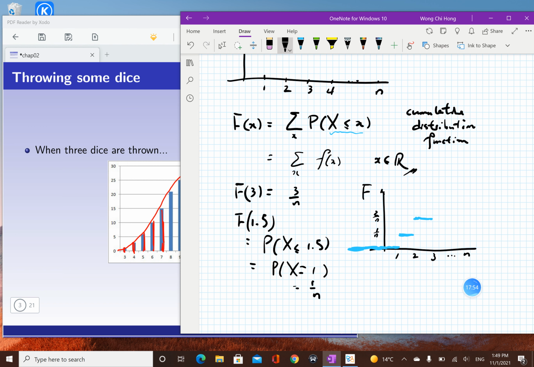So this function goes up in steps. It starts with 0 all the way, and as soon as x gets to 1, you get something like 1 over n. And it stays at 1 over n all the way to x equal to 2, where you go up to another level, 2 over n, and so on. And finally, when it gets to the top, of course it will be 1.